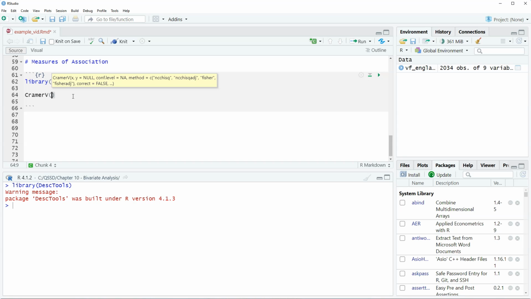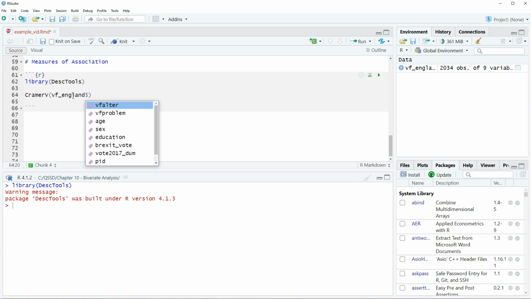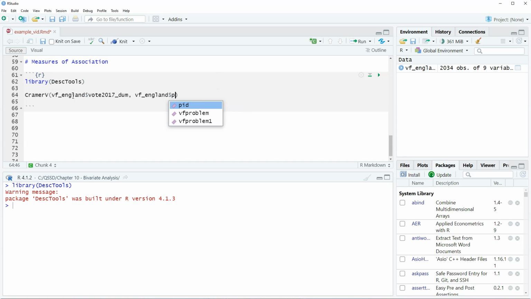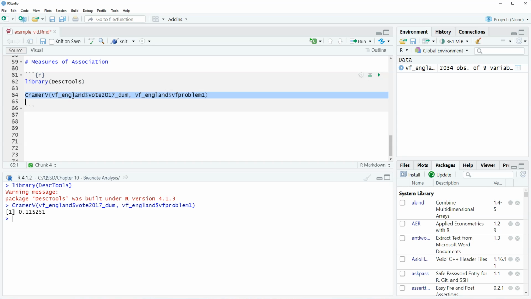We are going to follow from our previous video on chi-square. We had vote dumb as our predictor, and VF problem 1. Okay, so we're going to assess the strength here.